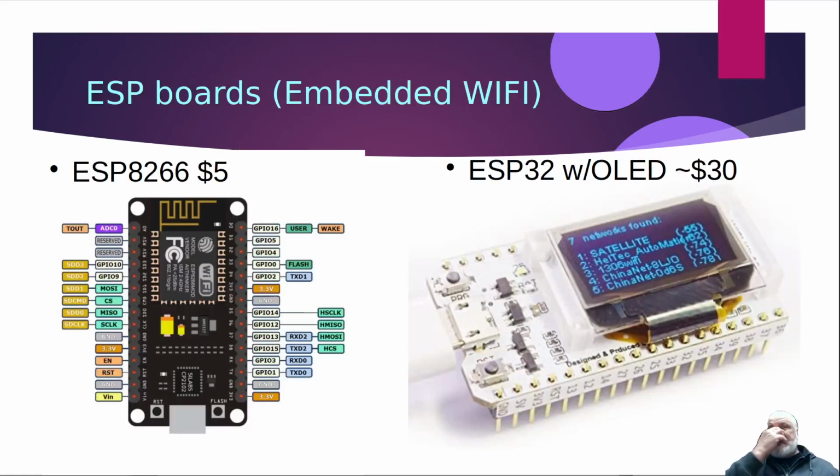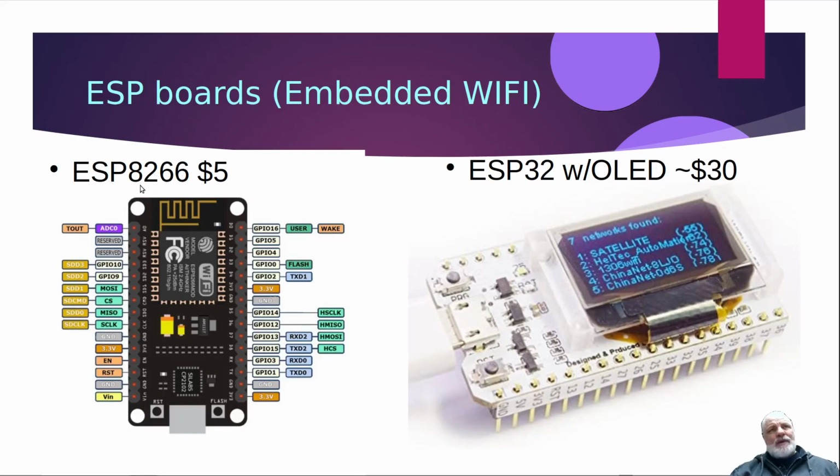They also have these ESP boards. These typically use the Nano or Arduino software to program them, but they're usually a little bit more advanced. Both of these ESP boards are available on Amazon.